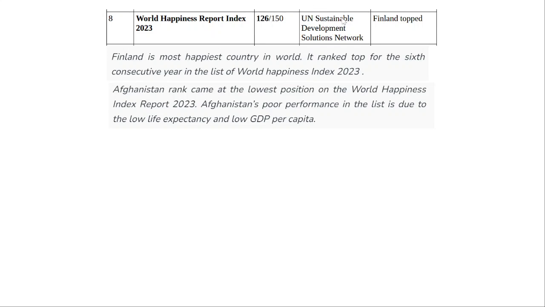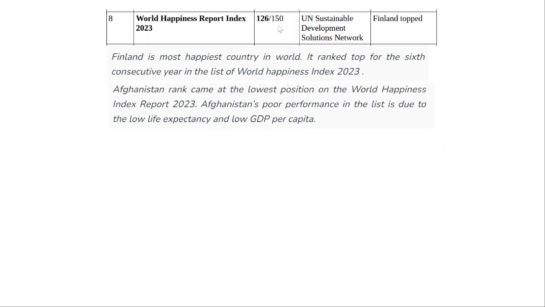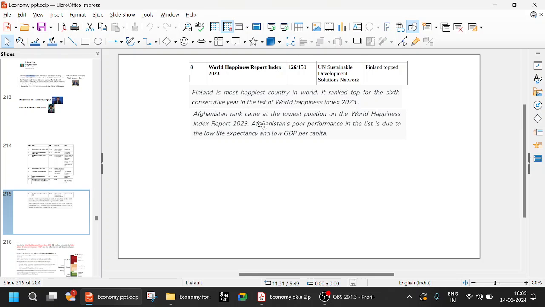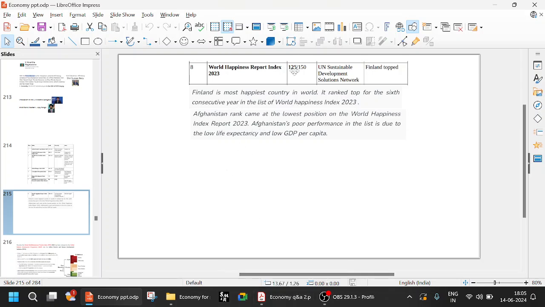It is given by the UN, 126 out of 150, by the UN Sustainable Development Solutions Network, and Finland is the top. Finland is the happiest country in the world, ranked top for the sixth consecutive year, and Afghanistan came at the lowest position because of low life expectancy and low GDP per capita. So Finland is top, Afghanistan is lowest, India's rank is 126, given by UN SDSN.